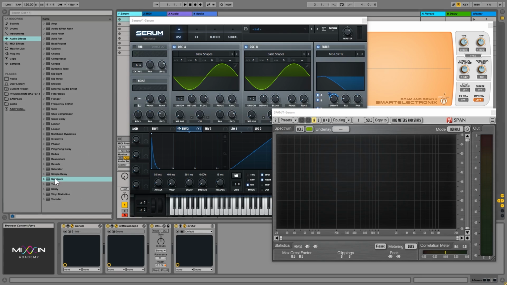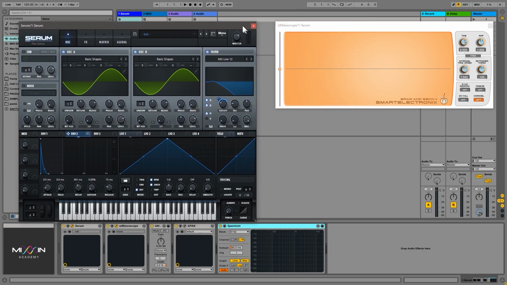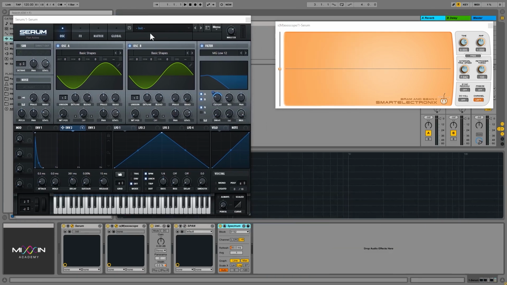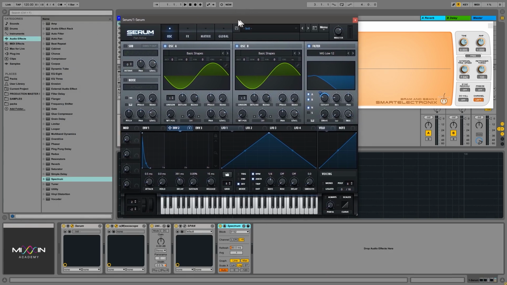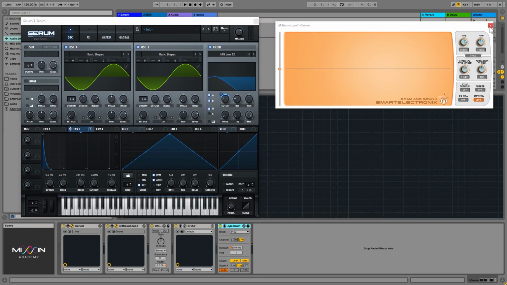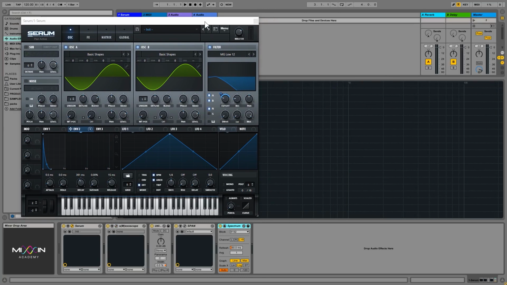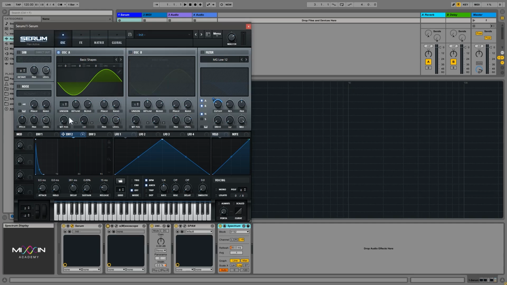One thing I could mention for the end of this lesson is that you could always use the analyzer provided by Ableton. It's this one, and I just prefer Span, but you could always use the analyzer called Spectrum, and you can find that in the audio effects of Ableton. You can spread it out to cover more of the grounds. And I could play you a note, let's say something like a sawtooth.